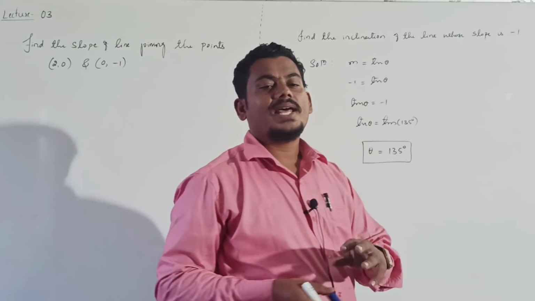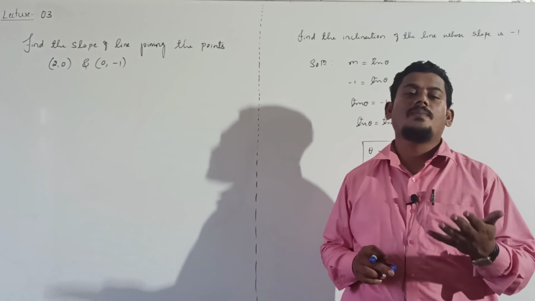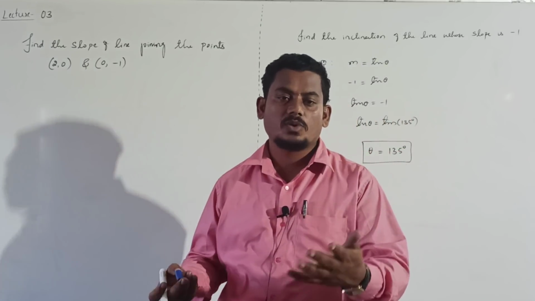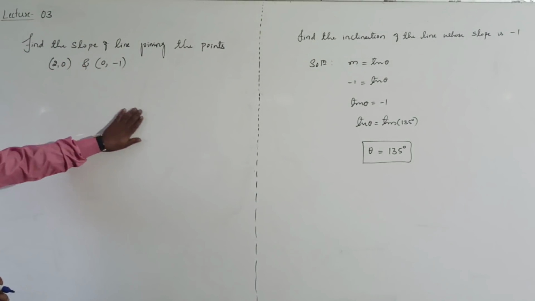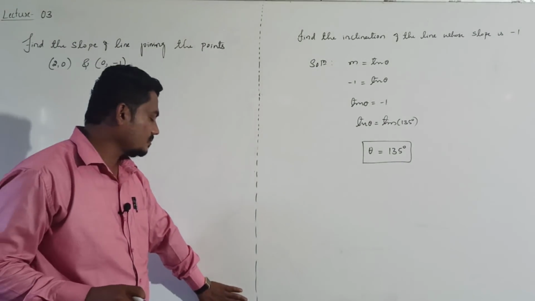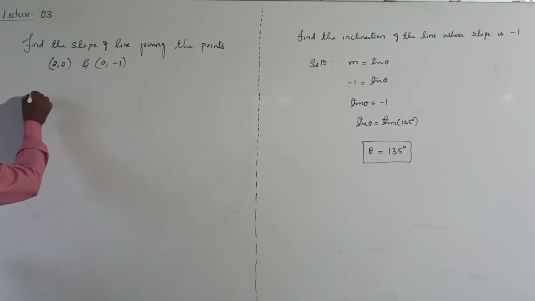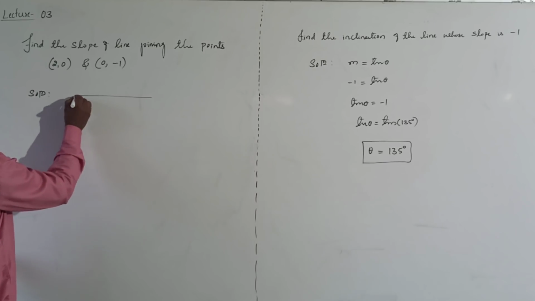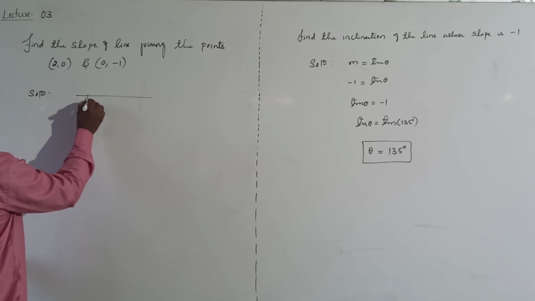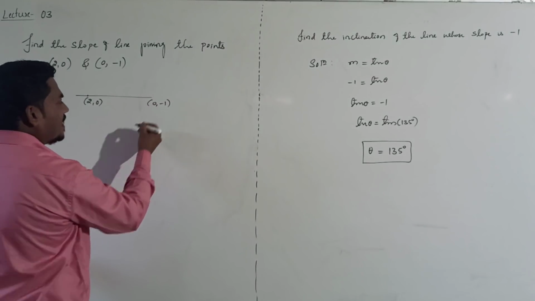Find the slope of the line joining given 2 points, or find the slope of a line passing through given 2 points, both are one and the same, right? Take the first point as x1 y1. Our required straight line is clearly passing through the given 2 points, 2, 0 and 0, -1.